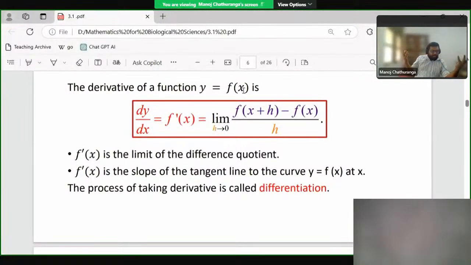We were given x square, we computed the slope of the tangent line at any point, it is 2x. So the derivative of x square is 2x, another function. The process of taking the derivative, converting a given function to another function, this other function being the slope of the tangent, is called differentiation.